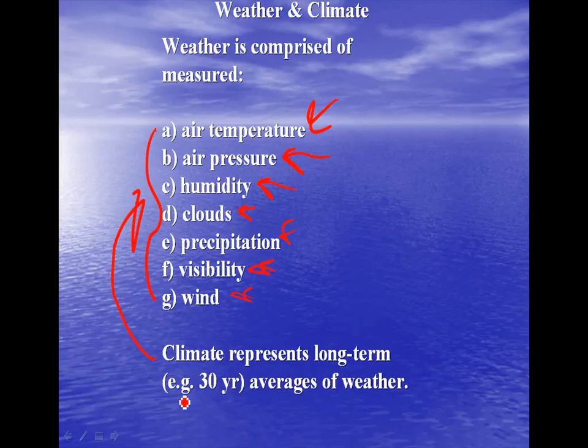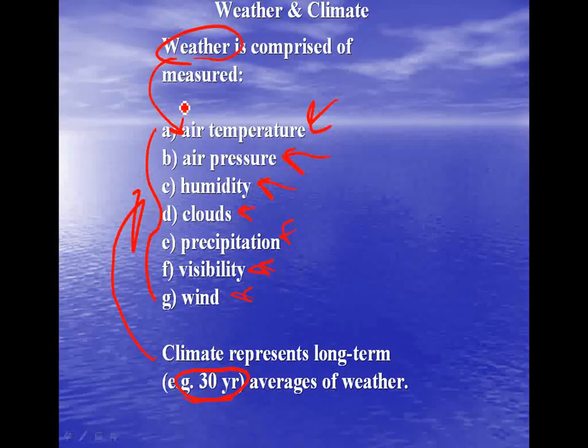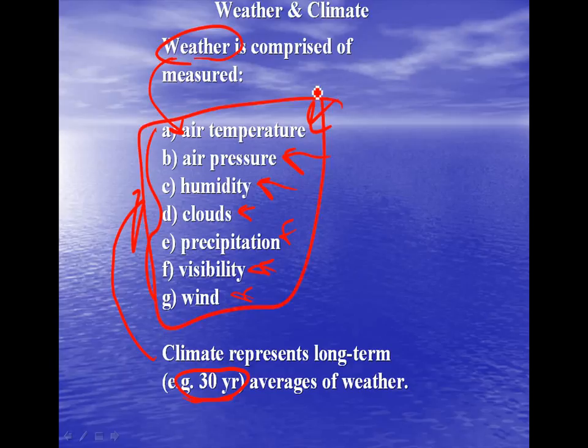The difference is climate represents long-term averages. Weather represents phenomena that's happening in the short term. In other words, minutes, days, weeks. But if you want to look at these parameters in terms of long-term averages, then we're talking about climate.